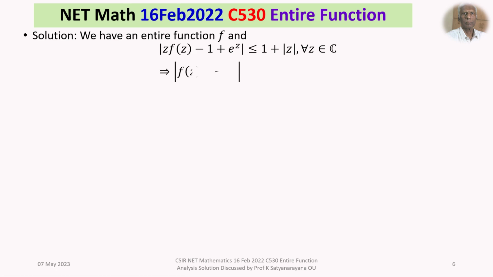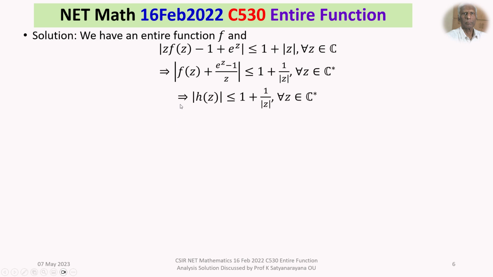Then you will get mod of f(z) plus (e power z minus 1) by z is less than or equal to (1 plus mod z) by mod z, and that will be 1 plus 1 by mod z when z not equal to 0, that is same as for z belongs to C star.